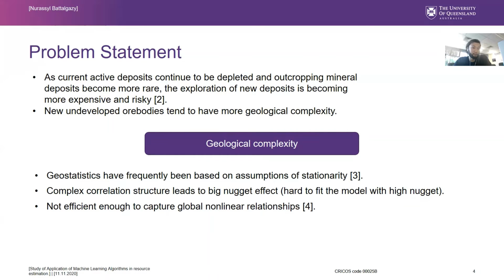The second issue is the big nugget effect, which results from a complex correlation structure. It's very hard to fit the model with high nuggets. Also, geostatistical approaches sometimes cannot work with non-linearity, so they are not efficient enough to capture the global non-linear relationships.